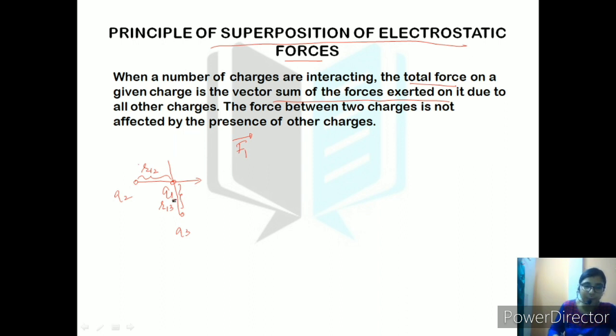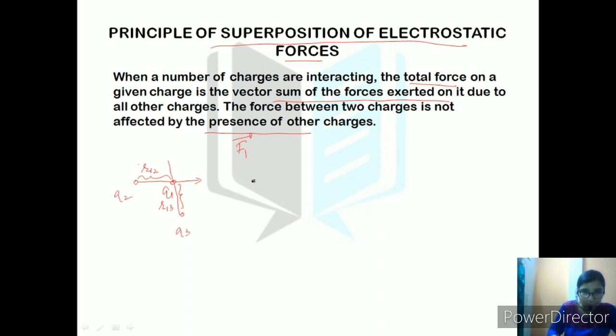When we find the force on Q1 due to Q2, we consider Q3 as absent. Clear? The force between two charges is not affected by the presence of other charges. So let's find the force on Q1 due to Q2 first by neglecting Q3.